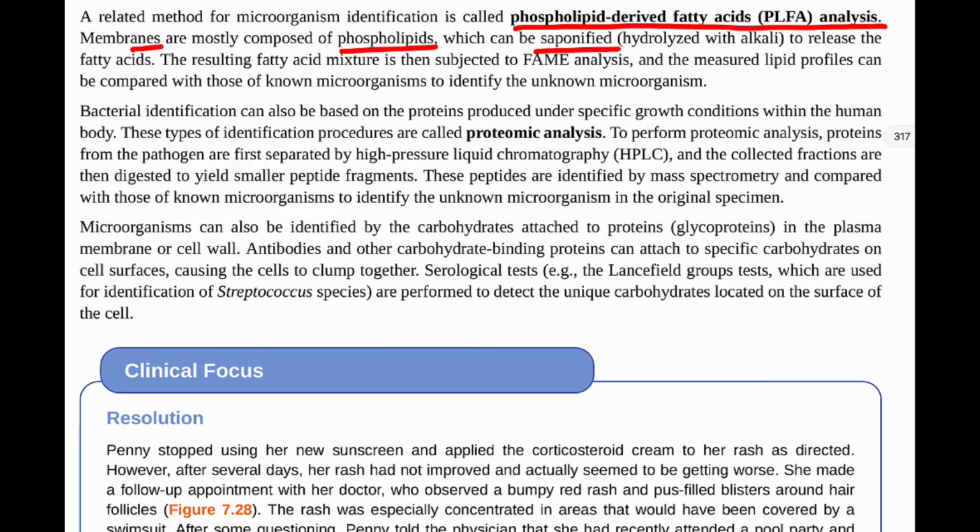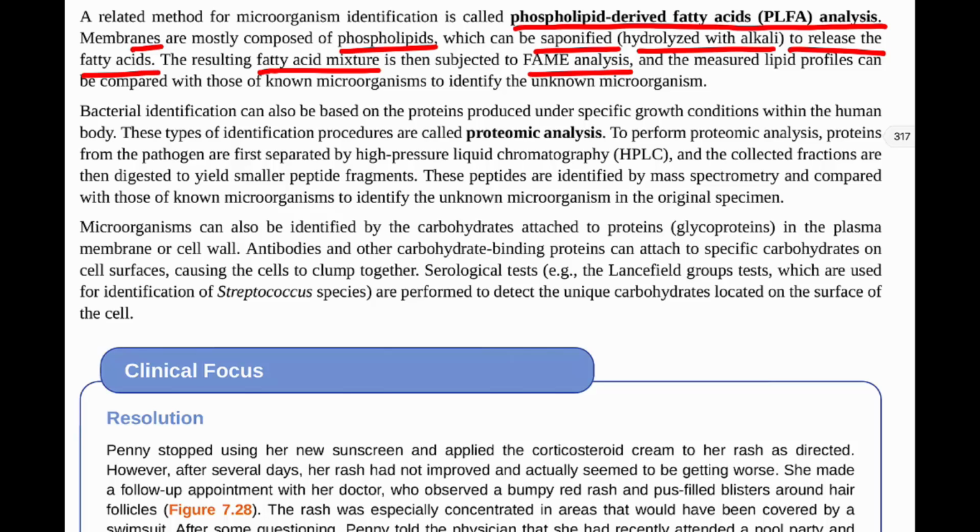So hydrolyze with alkali. So in this situation, what happens is that it then releases the fatty acids. So we take the phospholipids, we release the fatty acid, and then this resulting fatty acid mixture is then subjected to this FAME analysis. So going back with the gas chromatograph, gives a printout, and then we can identify the unknown organism.